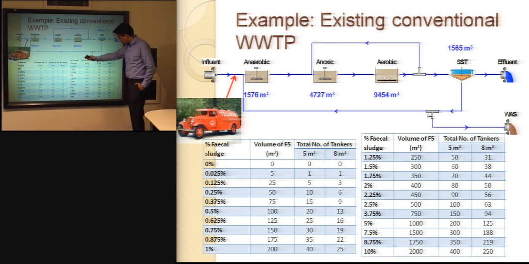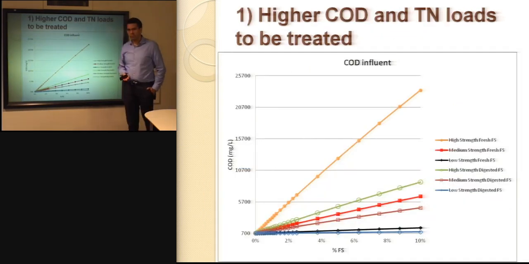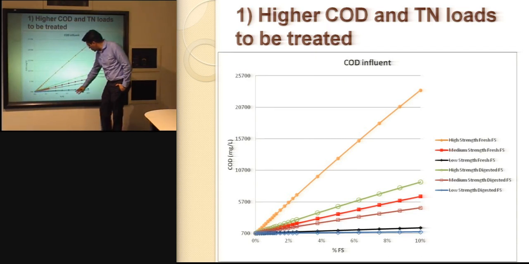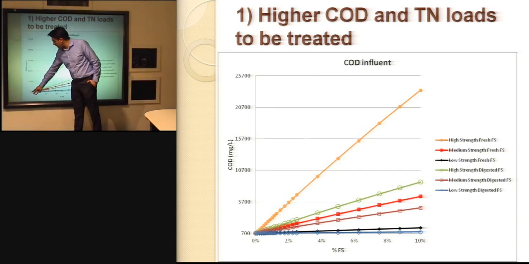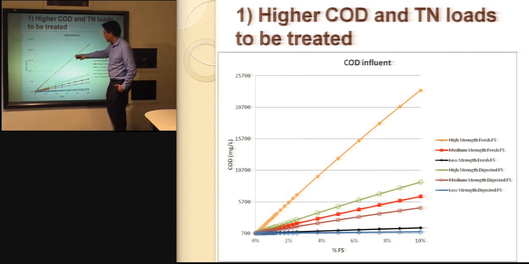Okay, but we expanded the discharge up to 10% of the total flow rate treated in that plant. What is going to happen? Well, as you can imagine, as soon as we start to discharge the fecal sludge as a function of the wastewater treated, we will see that the total COD in the plant will start to increase linearly.